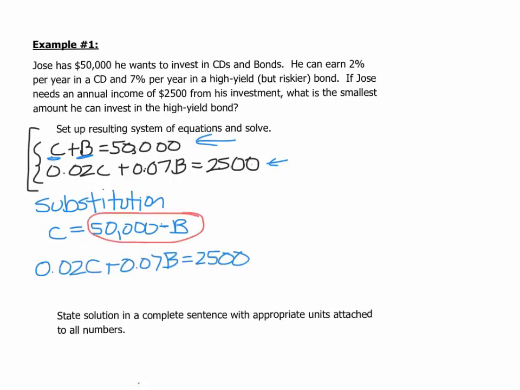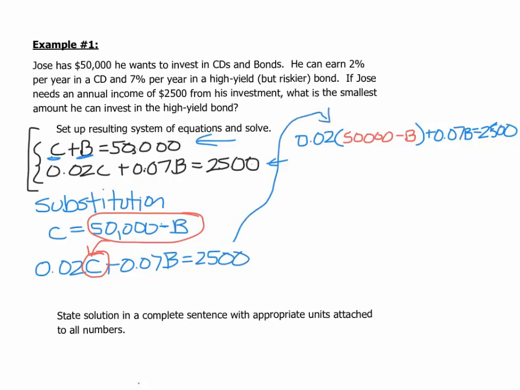In other words, I'm going to take that 50,000 minus B and replace the C in my second equation with the 50,000 minus B. Moving up over here where I have a little bit more space, I have 0.02 times (50,000 minus B) plus 0.07B equals 2,500. I'm going to distribute the 0.02 across both terms.